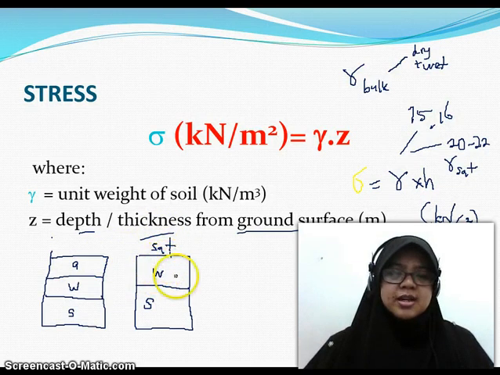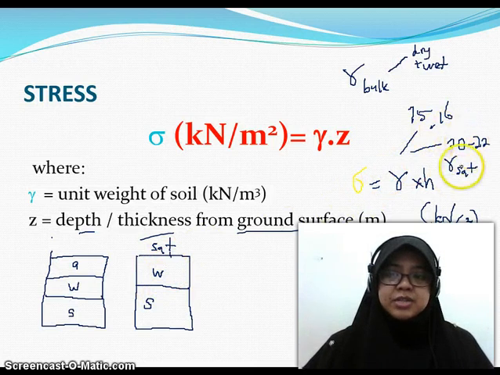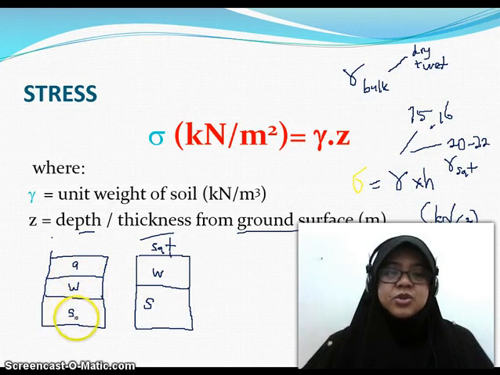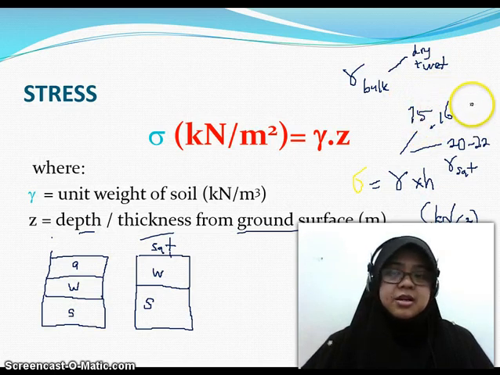So that's why gamma saturated is usually much bigger. But for gamma bulk, they still have some air pores or voids in the soil. They also have water, and they also have solid. So it is a combination of dry and wet, and usually gamma is around 15 up to 18.